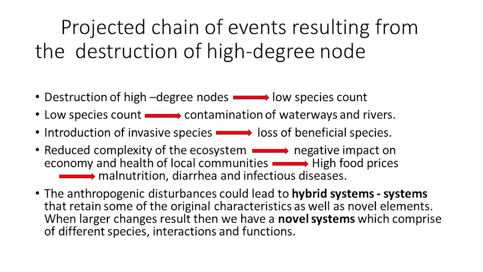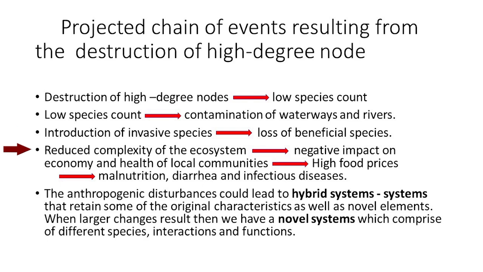So let's look at the projected chain of events resulting from the destruction of a high-degree node. Destruction of a high-degree node can lead to low species count, and low species count can lead to contamination of waterways and rivers. There's going to be introduction of invasive species in the waterways, leading to a loss of beneficial species.